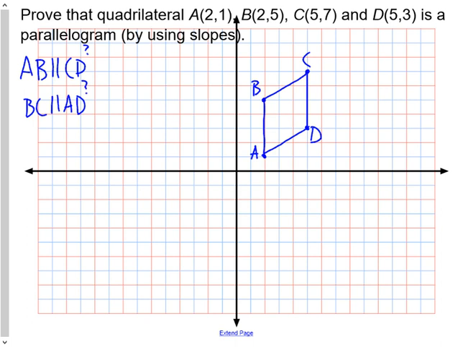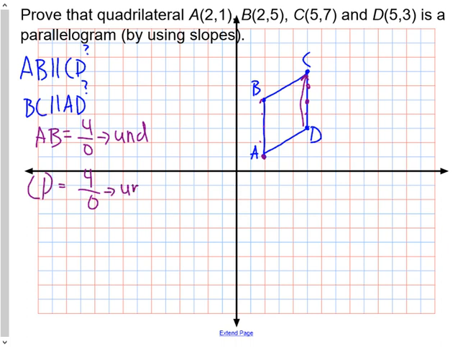Well, this one's pretty quick to do because we can count. So what's the slope of AB? From here to here, I'm going 1, 2, 3, 4 up, 0 over. Slope's undefined. Okay, what about CD? Same story. 1, 2, 3, 4 up, 0 over, and the slope of CD is also undefined.